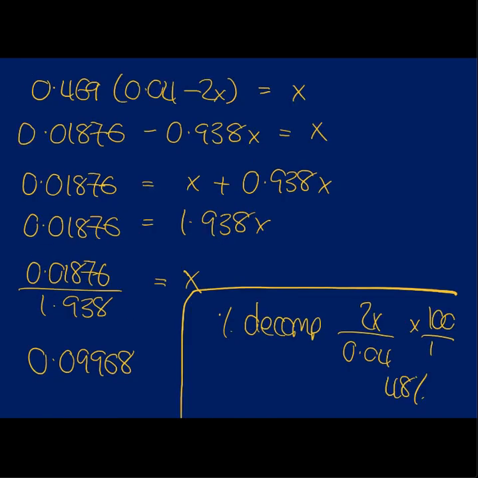So I now have this top line here. I have to do the multiplication of the 0.469 by what's in the brackets, and this gives me 0.01876 minus 0.938x is equal to x. To get this 0.938x to the other side, I have to add 0.938x to both sides.